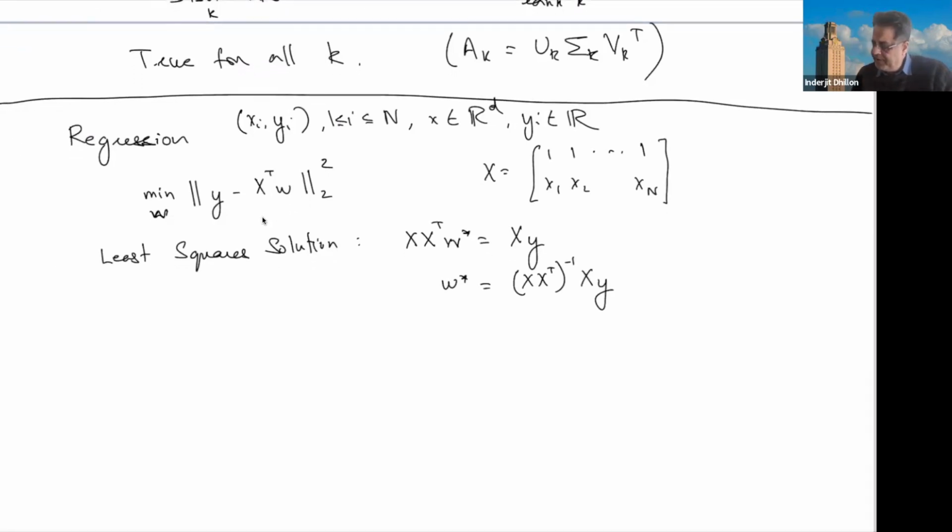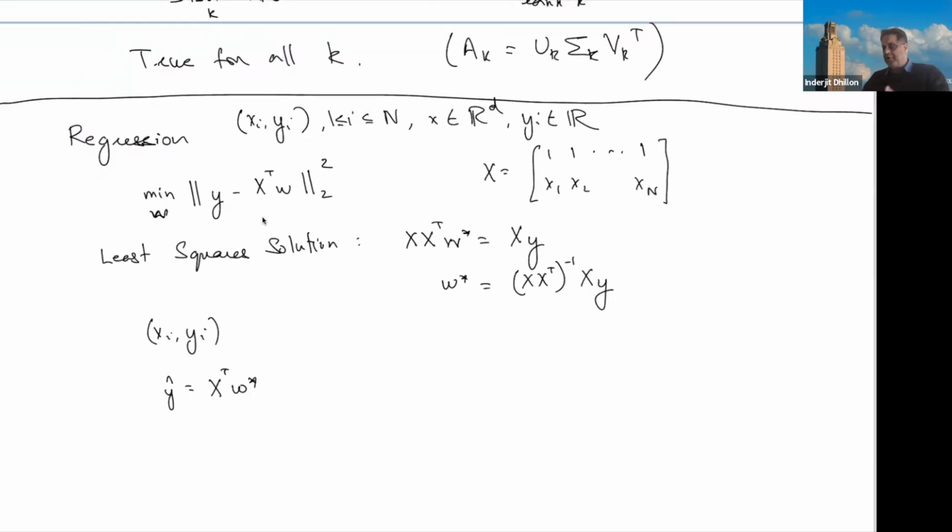Now remember that I have xi, yi, from 1 to N. If I think about what X transpose W star is, it is a prediction, Y hat, because W star is now my coefficients and X transpose W star is the prediction.